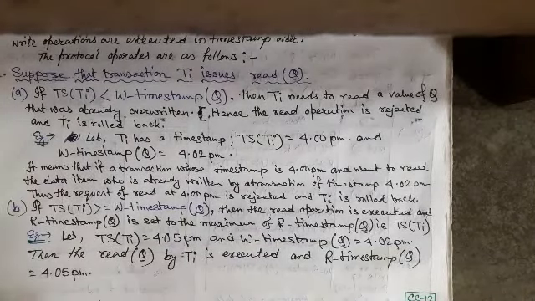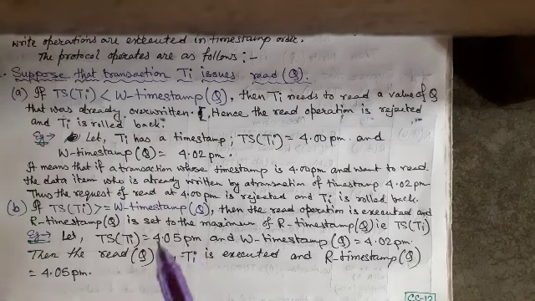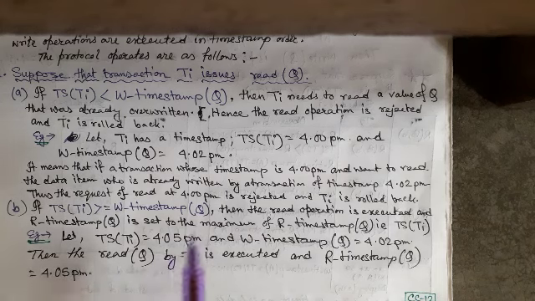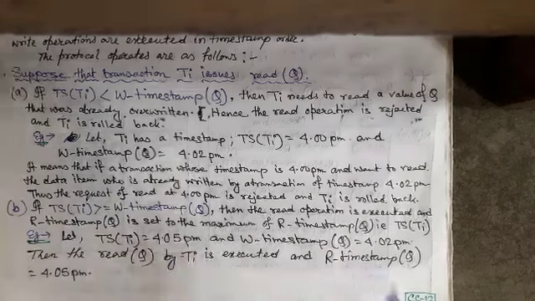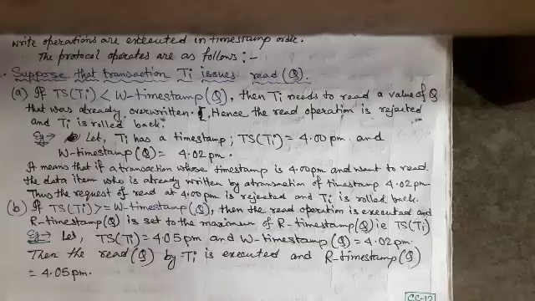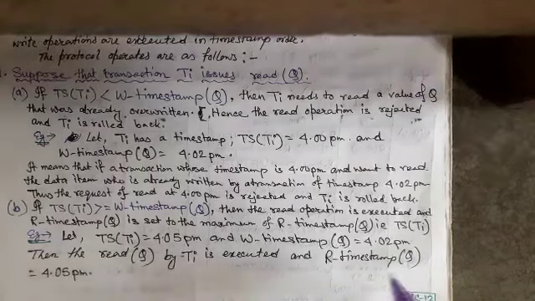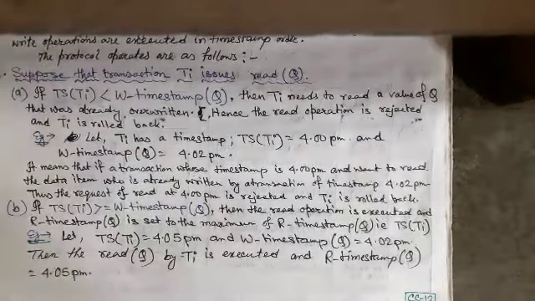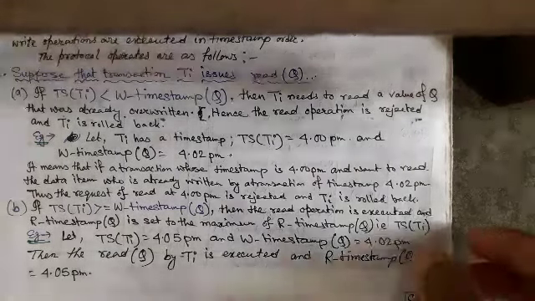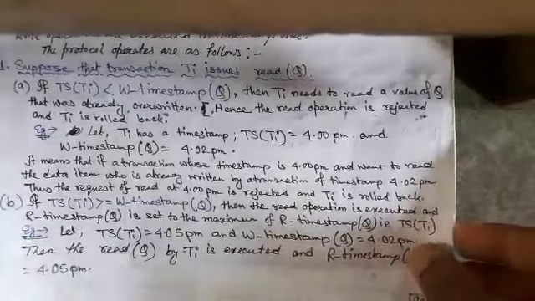Let the timestamp of Ti be 4.05 p.m., that is, the read Q operation has timestamp 4.05 p.m., and the write timestamp of Q is 4.02 p.m. Then this read by the transaction Ti is executed and the read timestamp of Q will be 4.05 p.m. This is the first case.